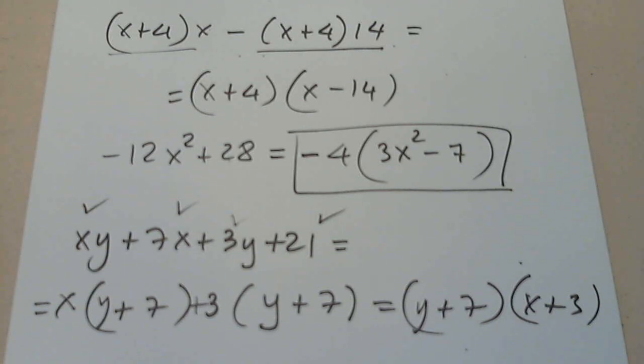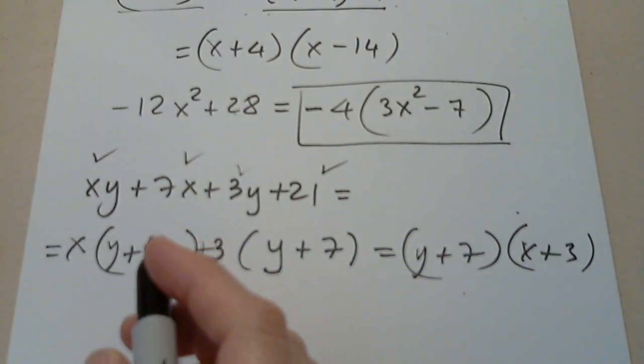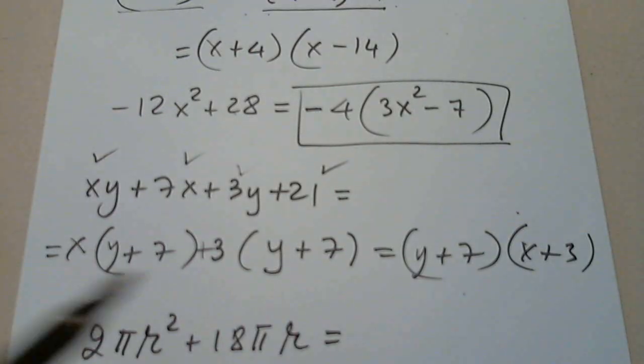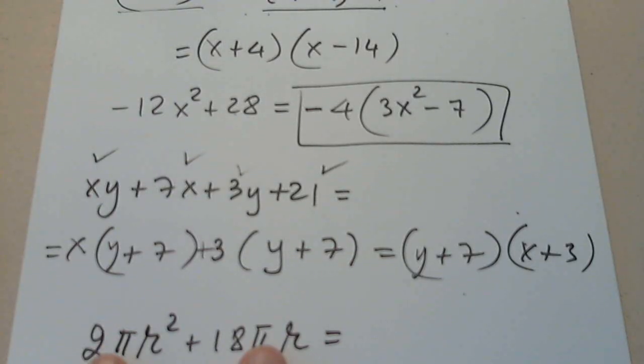Okay, so let's say here, we are asked to look at 2 pi r squared plus 18 pi r and factor the greatest common factor. Is this a binomial, trinomial, or polynomial?